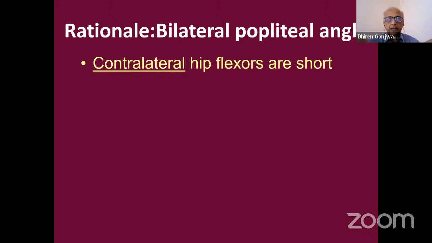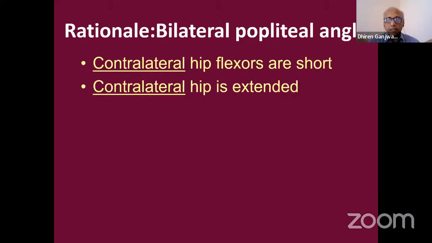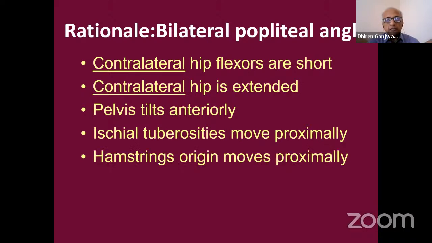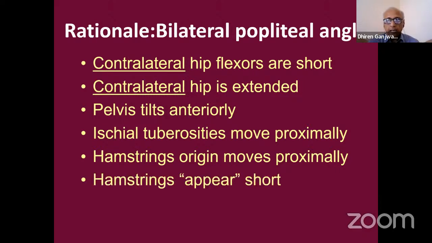In that case, when the contralateral hip is fully extended, what will happen? The pelvis will tilt anteriorly. When the pelvis tilts anteriorly, the ischial tuberosity moves proximally. And when the ischial tuberosity moves proximally, the hamstring's origin, which is from the ischial tuberosity, also moves proximally.